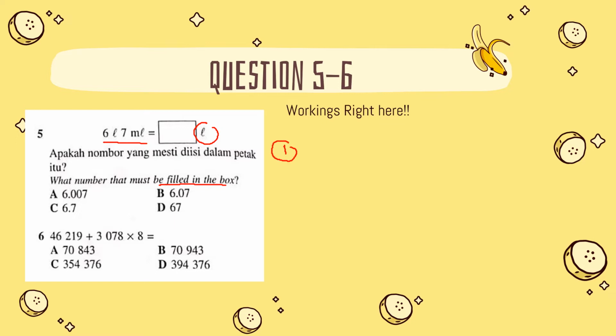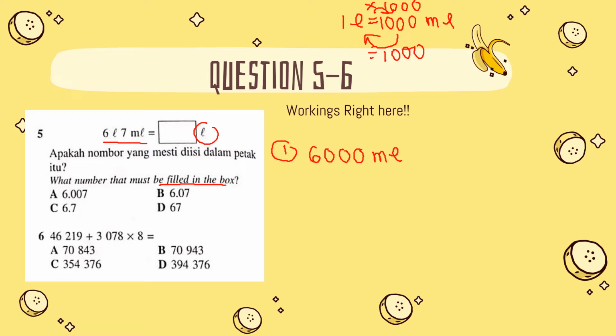6 liters converted to milliliters is 6,000 milliliters. 1 liter equals 1000 milliliters. To go from liters to milliliters, multiply by 1000; to go from milliliters to liters, divide by 1000. So 6 liters is 6000 milliliters and the 7 is 7 milliliters.